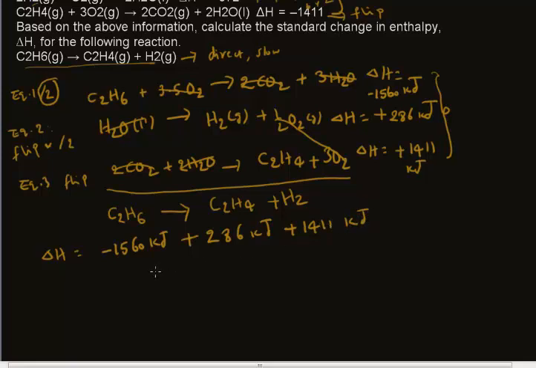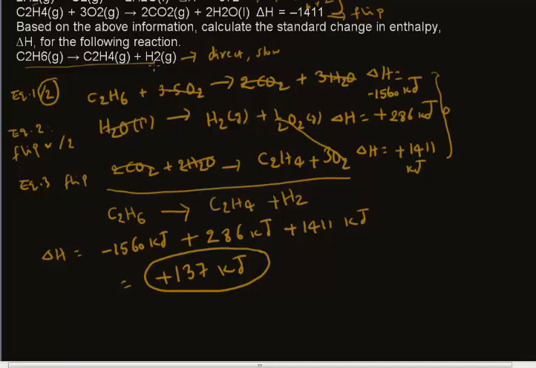If I add them together, the total sum should be about positive 137 kilojoules. That is the total enthalpy change that takes place when ethane is converted to ethene and hydrogen.